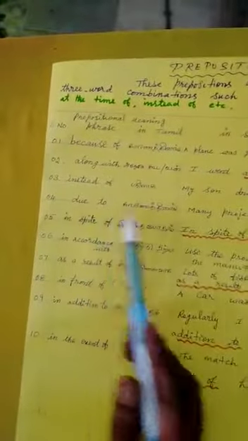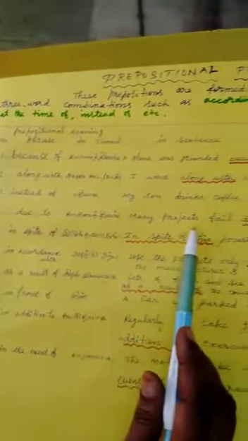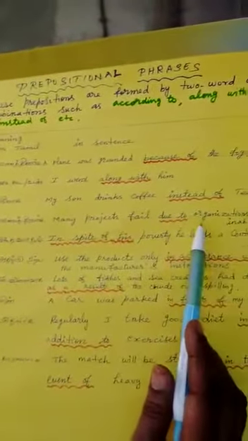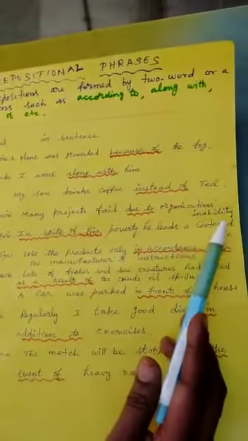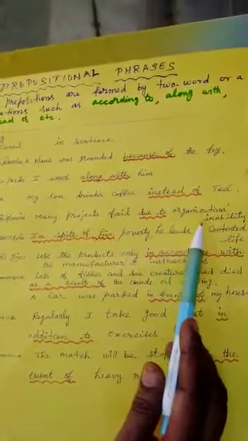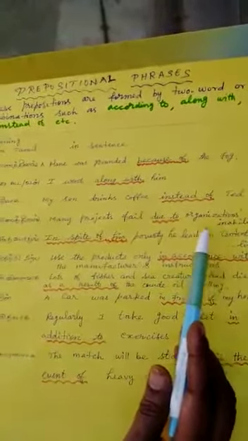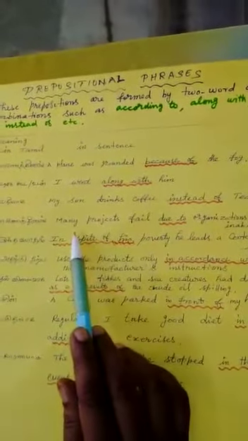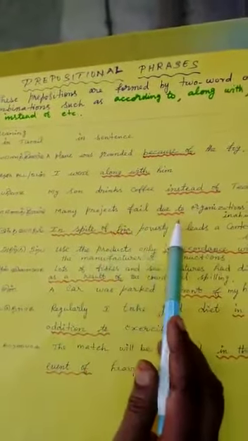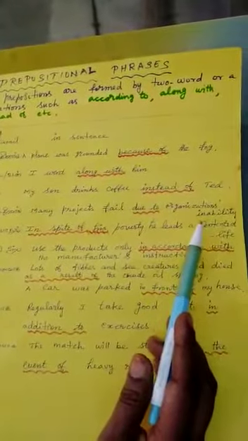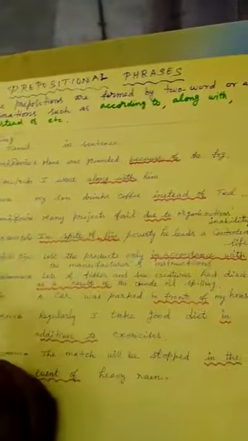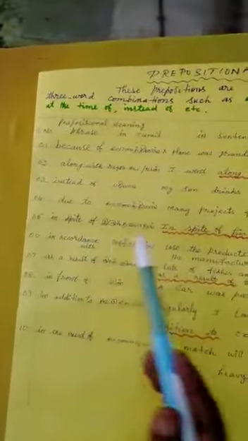Next, due to. Many projects fail due to the organization's inability. The organization does not have the ability. So, many projects fail due to the organization's inability. Next, in spite of.